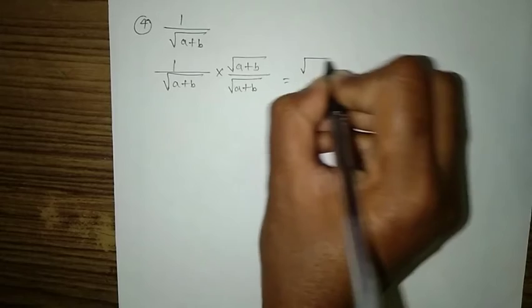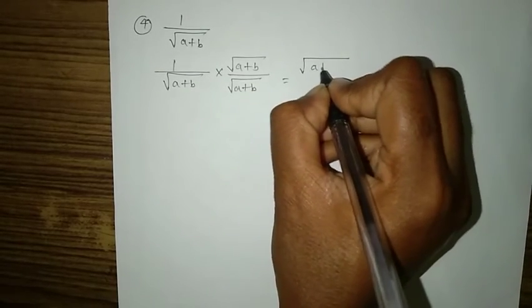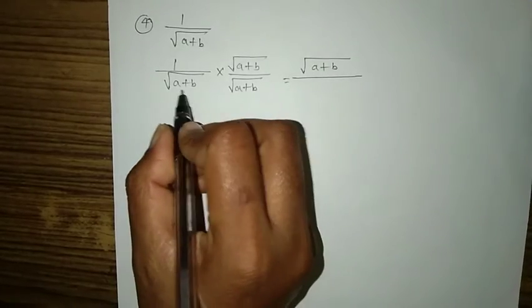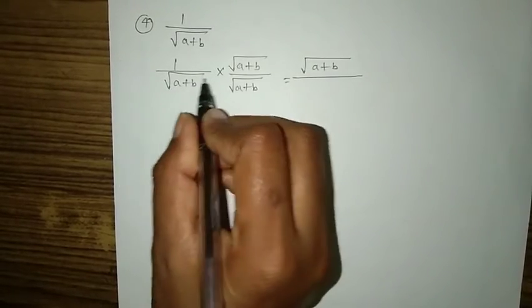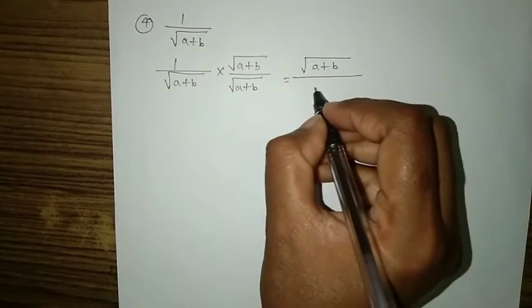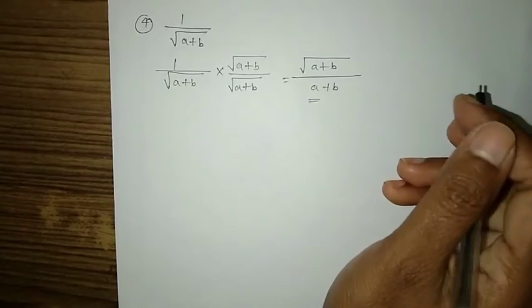What we get here: 1 into root of a plus b is equal to root of a plus b. And then in the denominator, root of a plus b into root of a plus b becomes a plus b. This is another one.